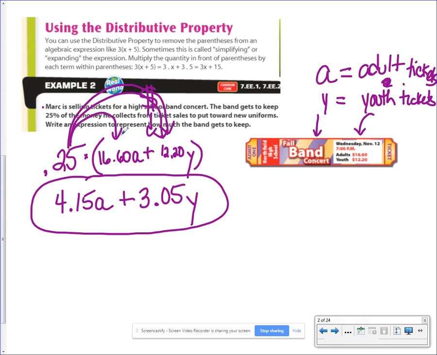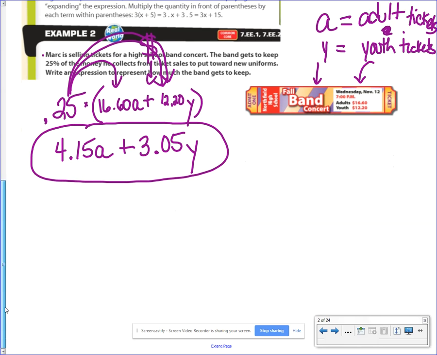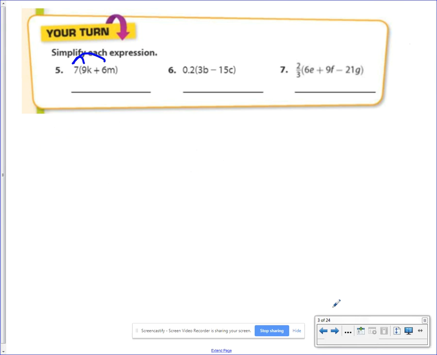Inside the parentheses up here is how much total money you take in, but the band gets 25%. Hope they sell a lot.